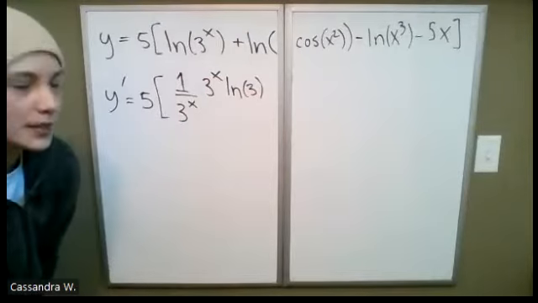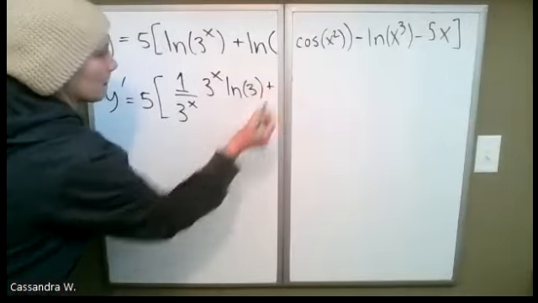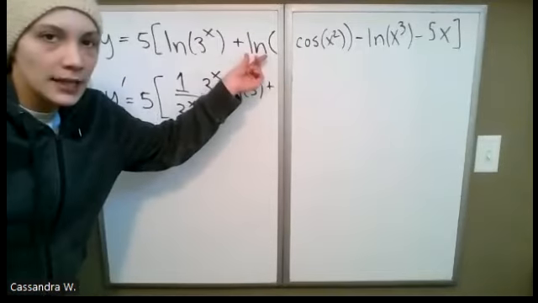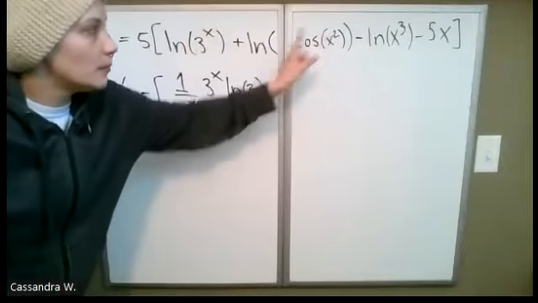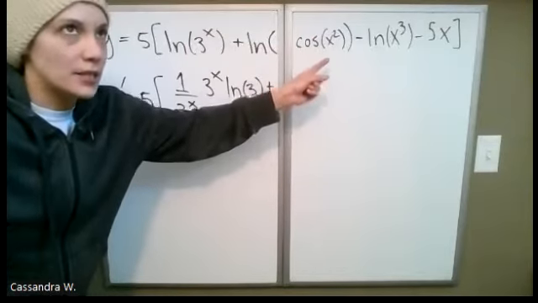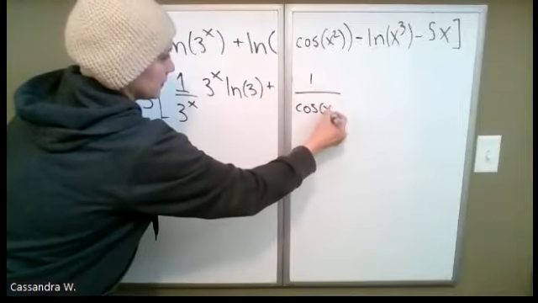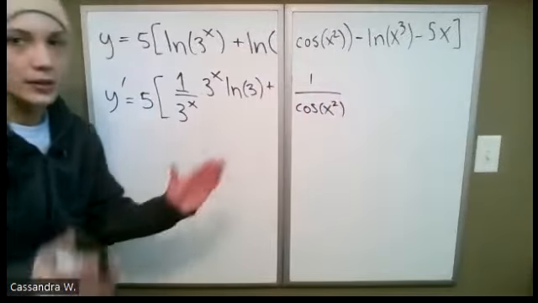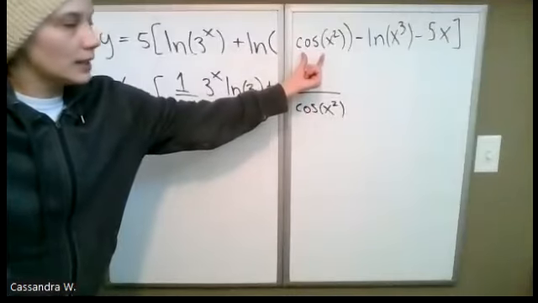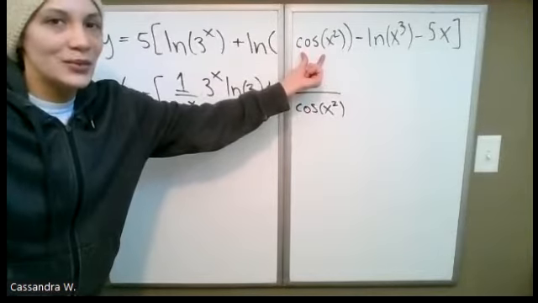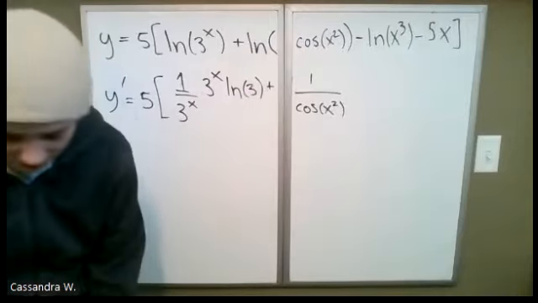Okay, that should be good. We're here now. Again, for this ln of whatever's inside, the derivative is 1 over what's in here, cosine of x squared. We're going to use a chain rule, go in here and take the derivative of cosine of x squared, which is going to need another chain rule.